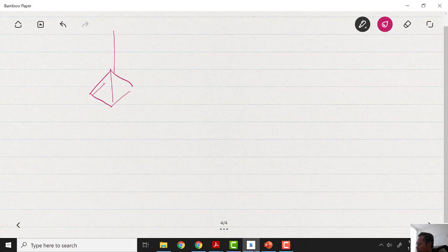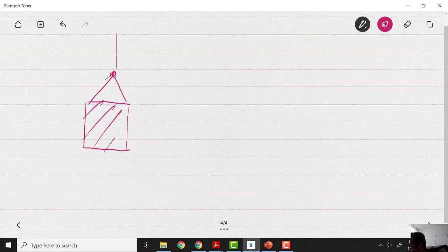This is the block of concrete, and this is the wire. So we have a wire from the concrete.